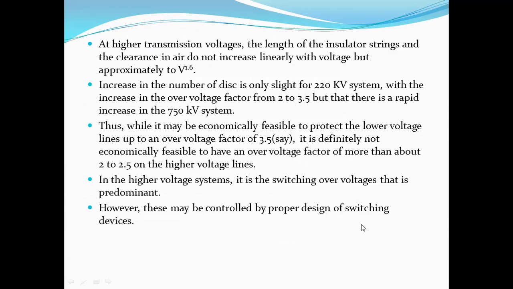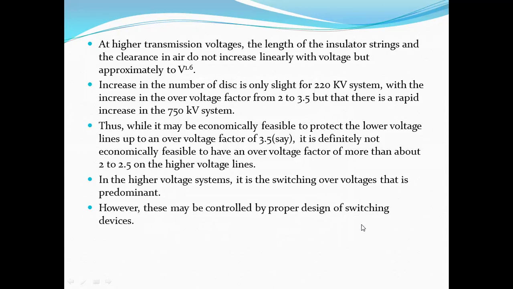In this statistical method of insulation coordination, at higher transmission voltages, the length of the insulator string and the clearance in air do not increase linearly with voltage, but approximately to V raised to 1.6, right?